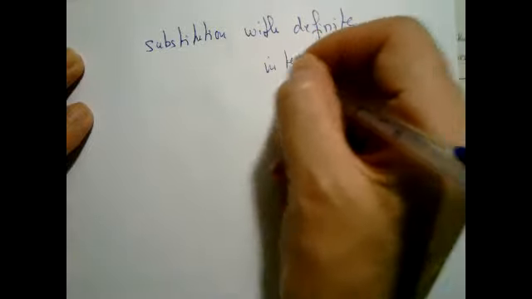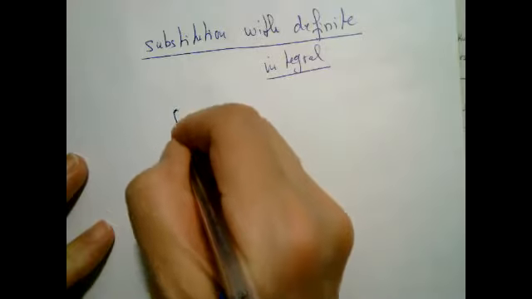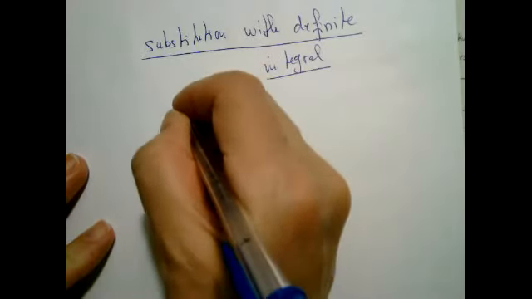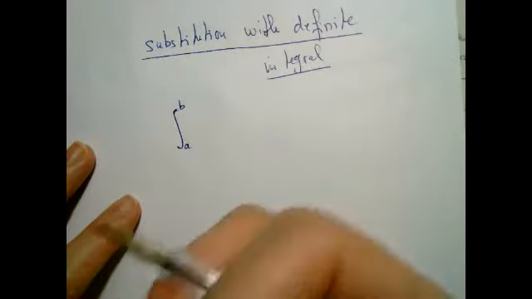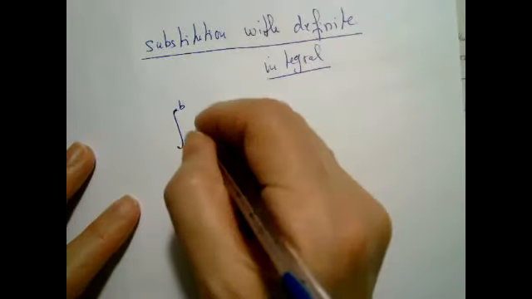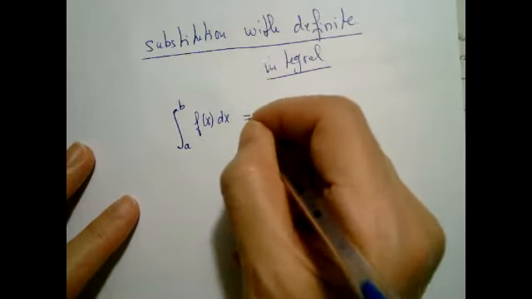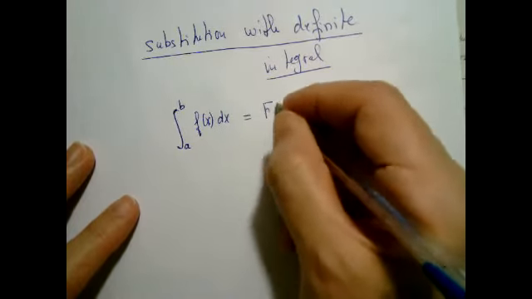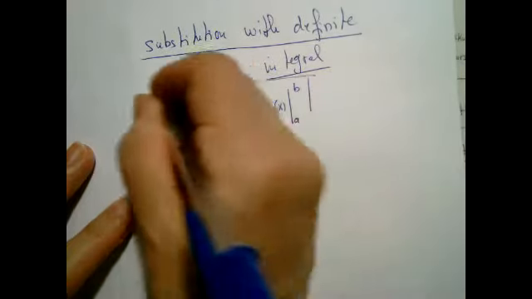So remember, a definite integral is a number. As we said, the definite integral is nothing more than this net area. And the tool to evaluate it is to find the antiderivative of f between a and b.